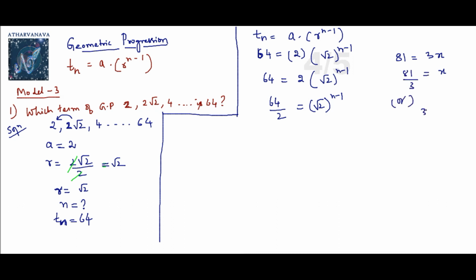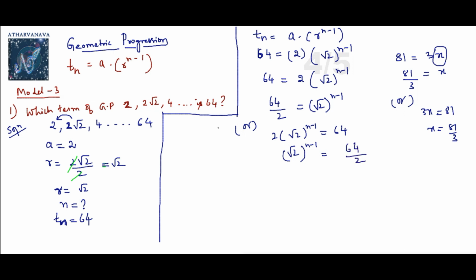You are keeping the variable as subject and solving. Similarly, you can also write this as 2 bracket root 2 power n minus 1 is equal to 64. Either way you can write; anyway, you will get the same answer.